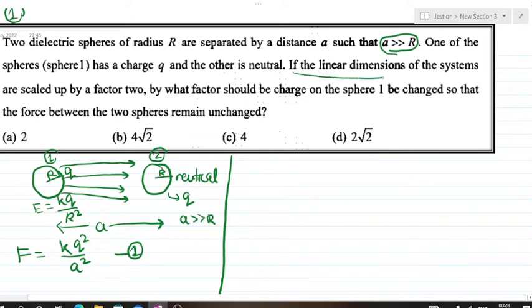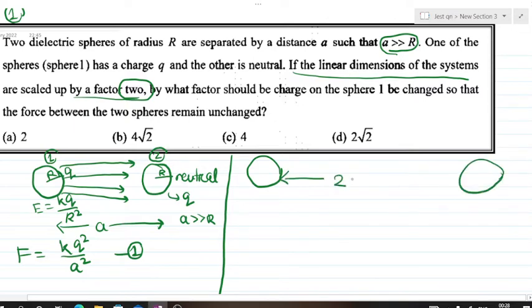If the linear dimensions of the system are scaled up by a factor 2, the distance between sphere 1 and sphere 2 becomes 2a. So what will be the charge on sphere 1 so that the force remains the same? Let it be q dash, and due to induction polarization the charge on the other sphere is q.